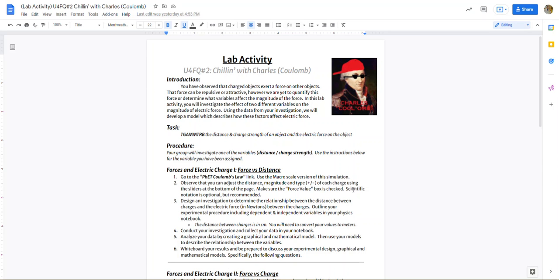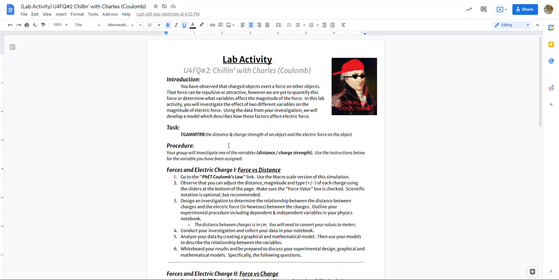This is a TGAM-TURB lab, and so we have seen that there is a force between two charged objects, whether two like charges or opposite charges, and so we are investigating what causes that. What we want to know is how different variables affect the electric force that an object experiences.